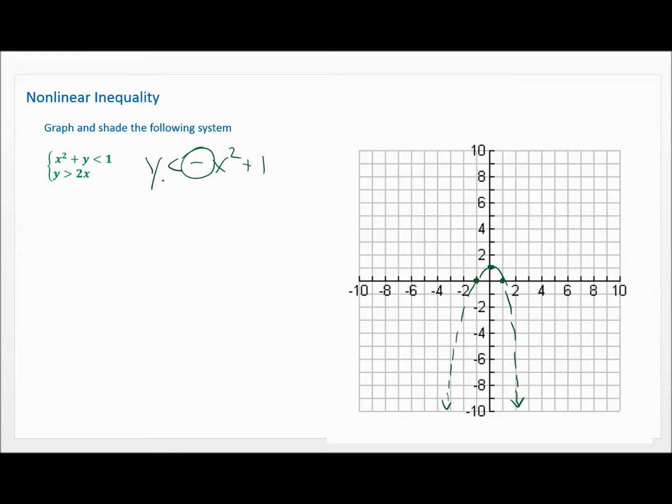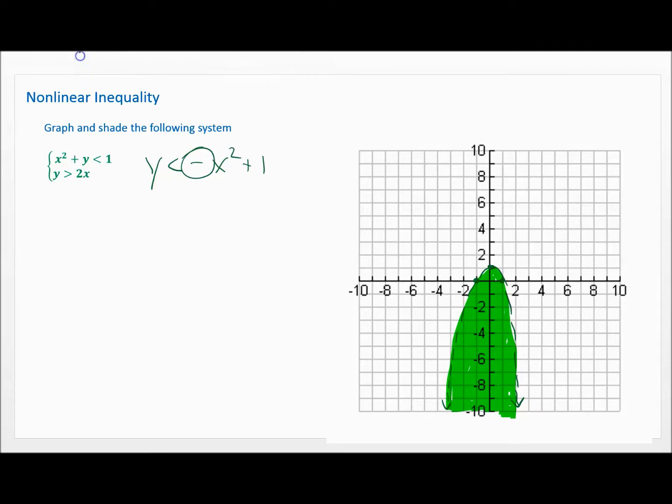And finally, we shaded under the parabola. So we know that all of this part is shaded because it says y is less than the parabola. Or you could test a point. You could test a point under the parabola and test a point outside of the parabola. There we go. First one just reshaded, just like we did the last problem.